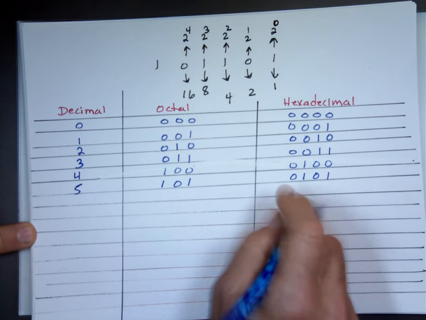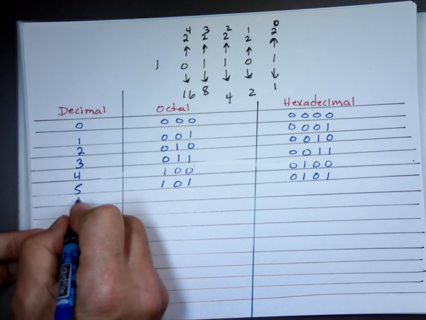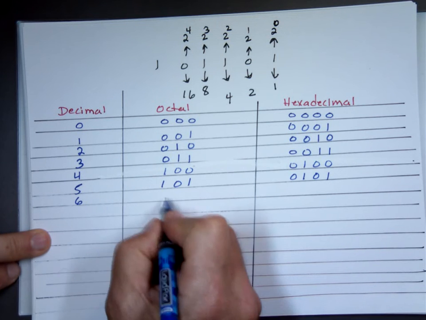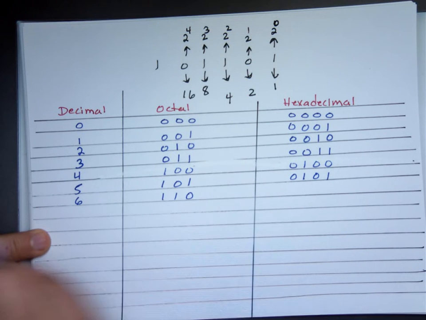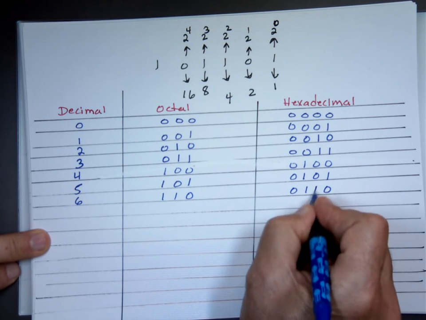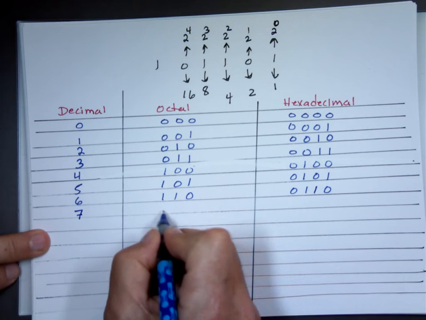There's a 0 in the front. The 6. Isn't 6, 4 and 2? That's 6. So 1 and 1, you get a 0 here. The 7, it's 1, 1, 1.